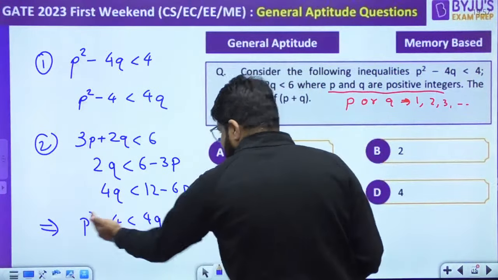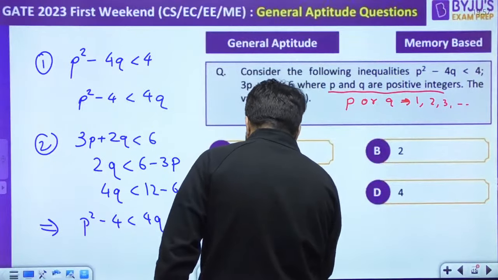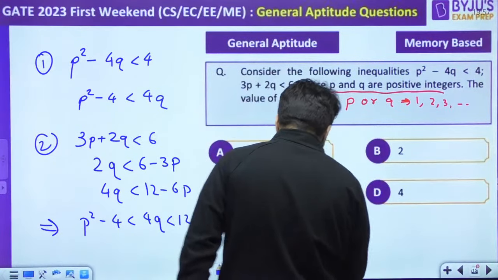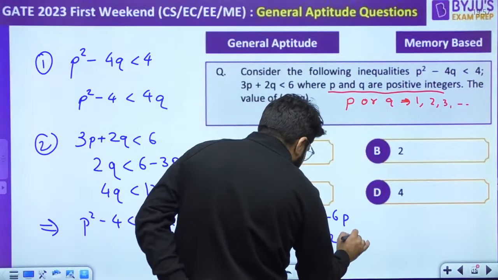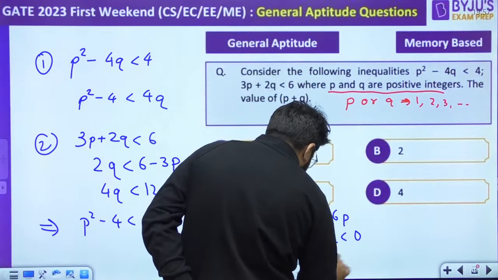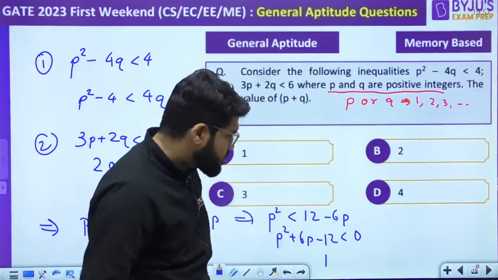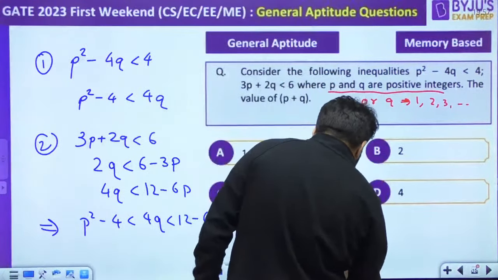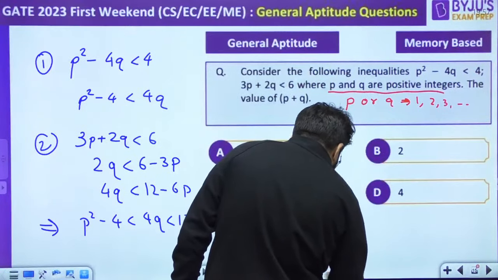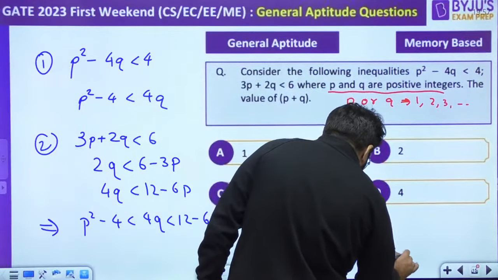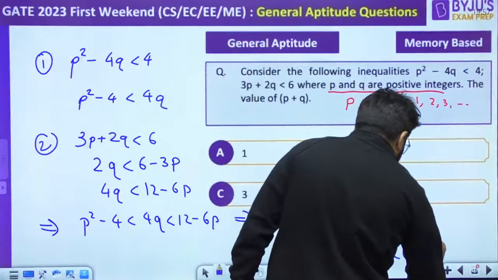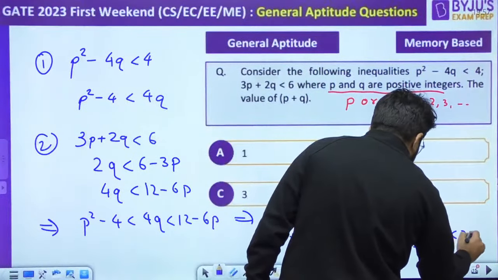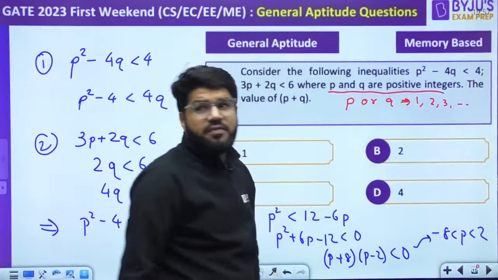A less than B less than C, so A is also less than C. P square is less than 12 minus 6P, or P square plus 6P minus 12 less than 0, which can be easily factorized as P plus 8 multiplied by P minus 2 should be less than 0. Then you solve it and you are going to get the range that P is between minus 8 and 2. You can use the wavy curve also.